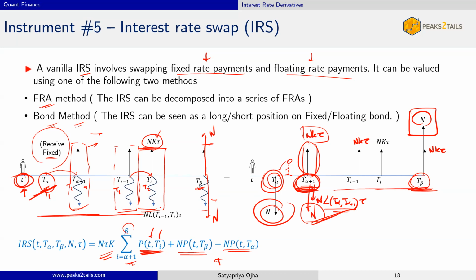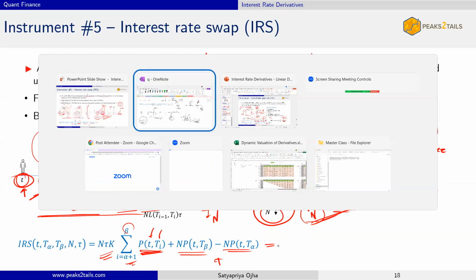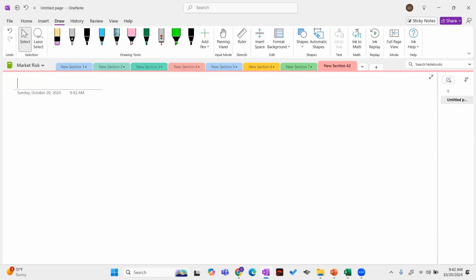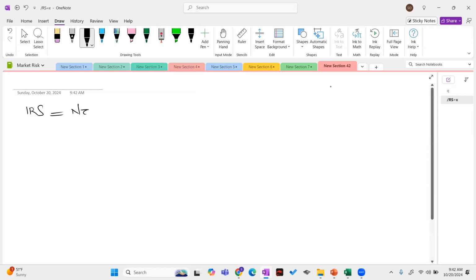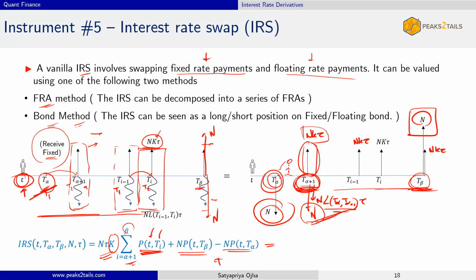Okay, so if it makes it zero, then what makes it zero? Let's do this. At any point, the value of IRS is given as n tau. I'm taking S instead of K. See, K is something that is fixed at inception. You cannot change that.